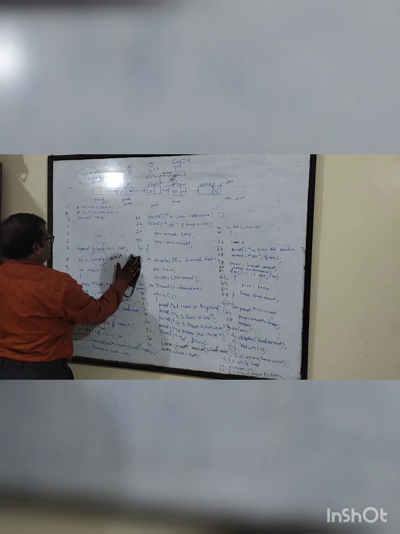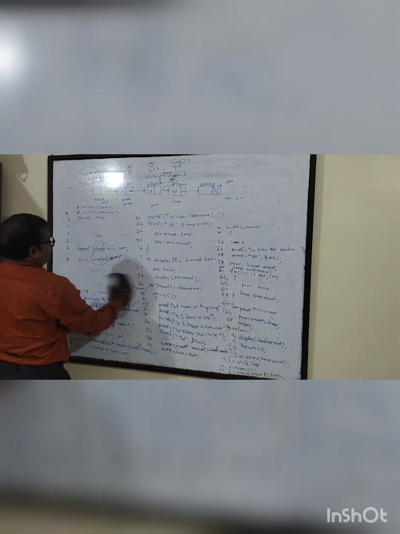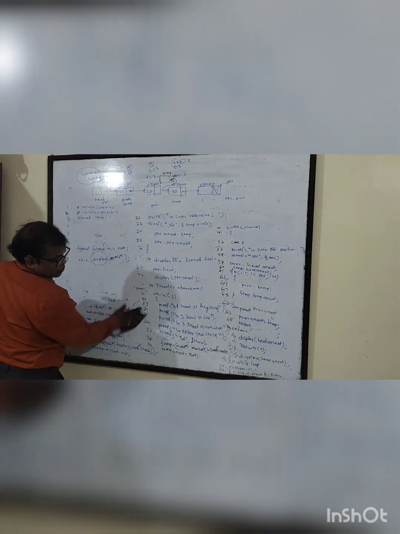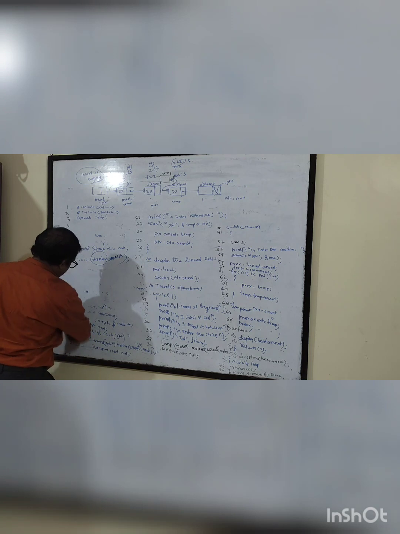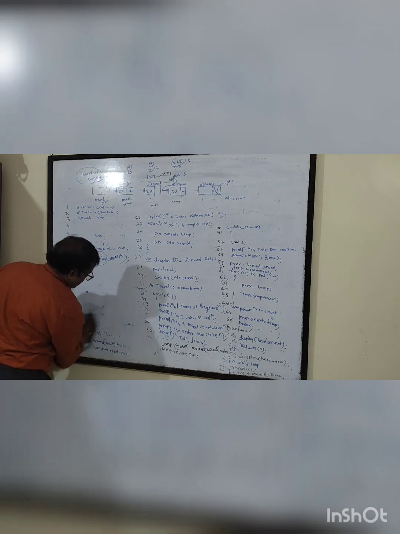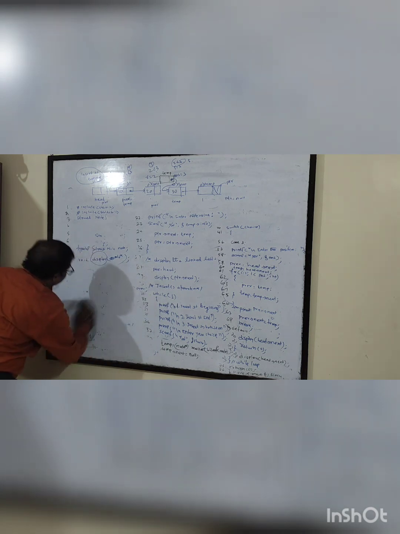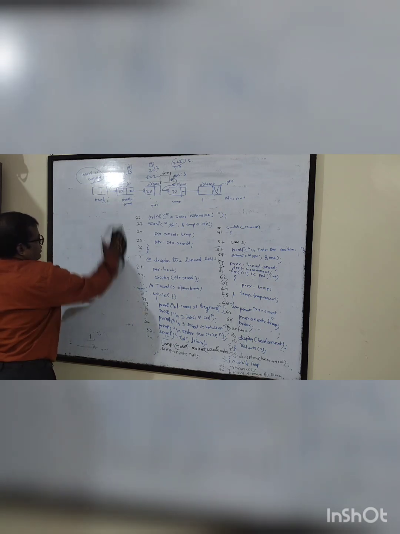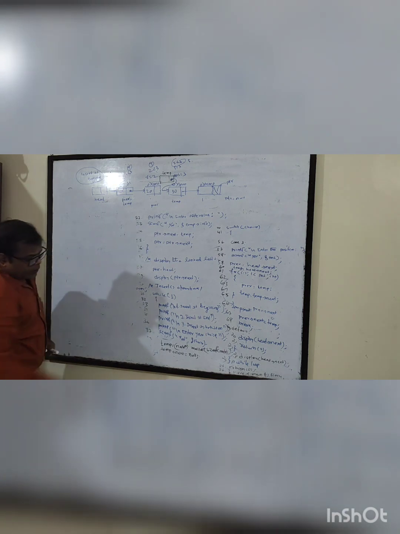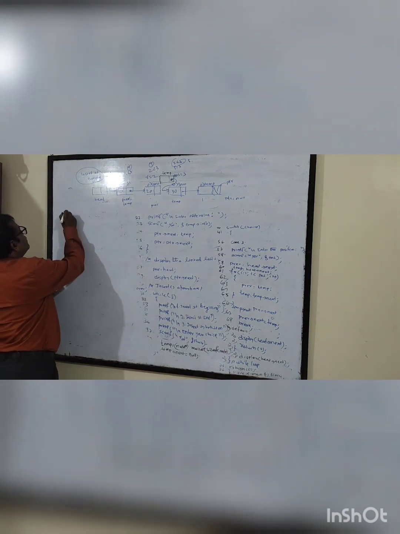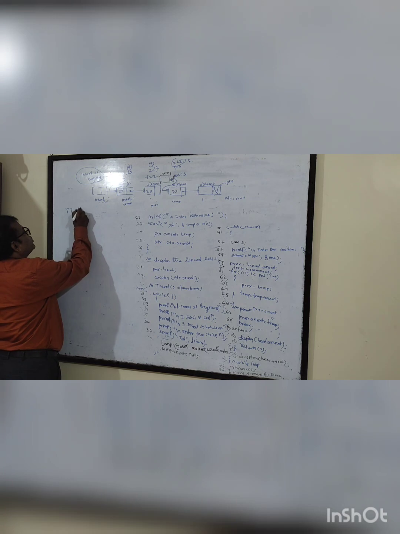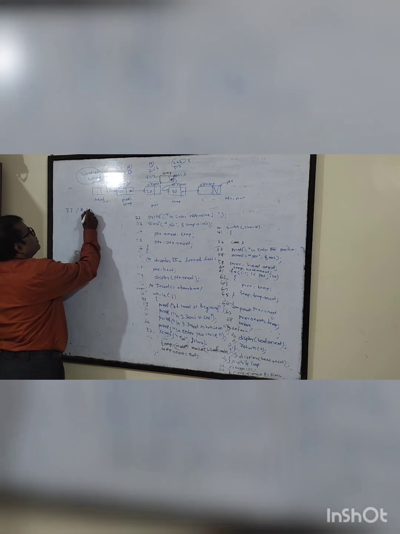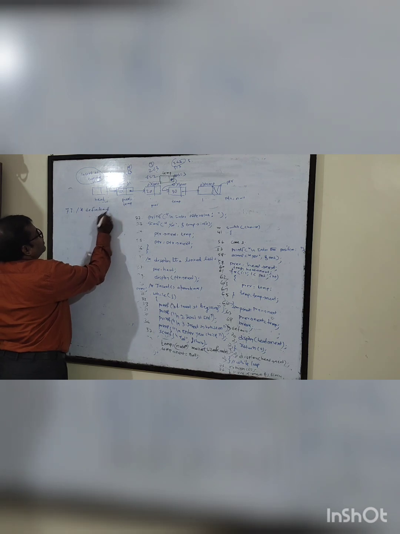What is the idea? If it is the end of the main block, we have already written the display function, right? So line number 77. What we have to do is, line number 77, definition of display function.